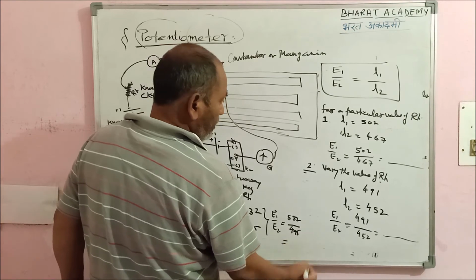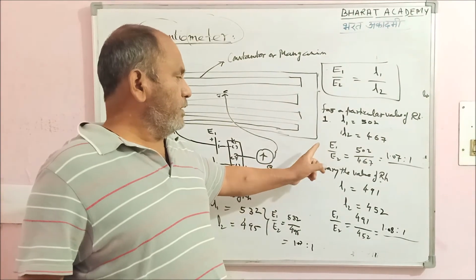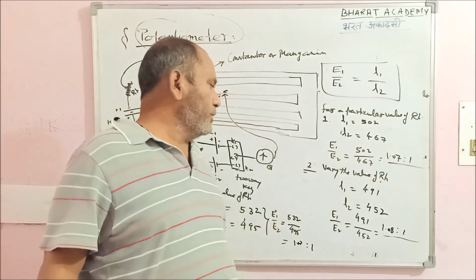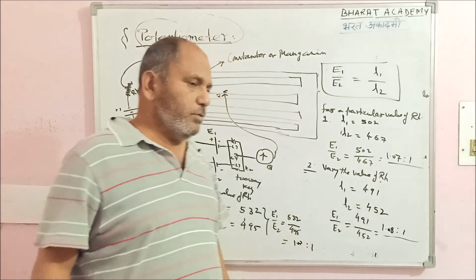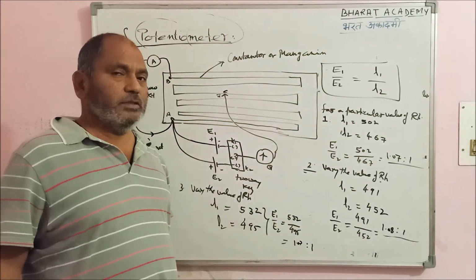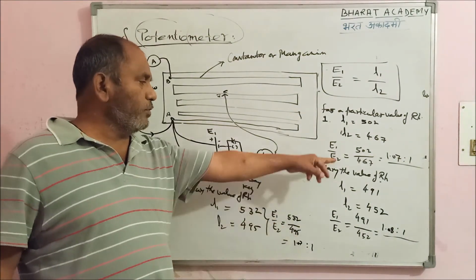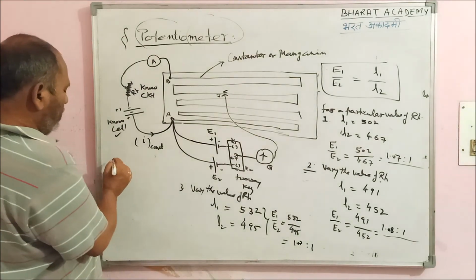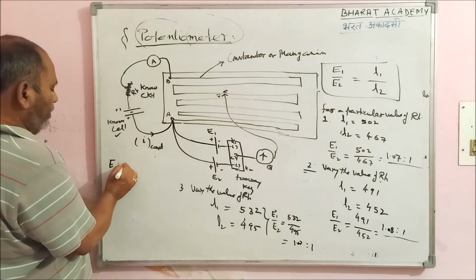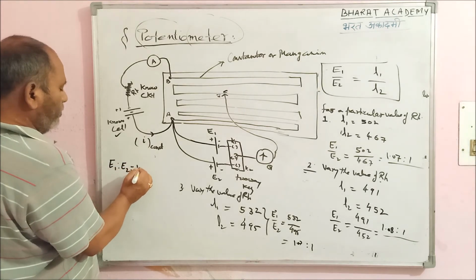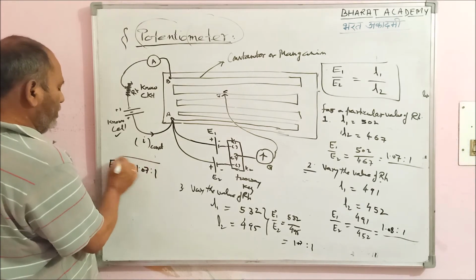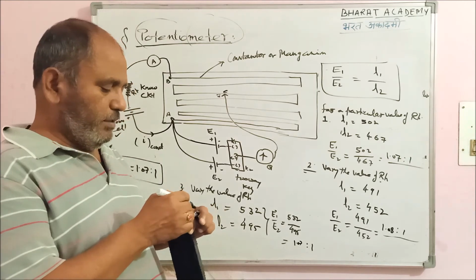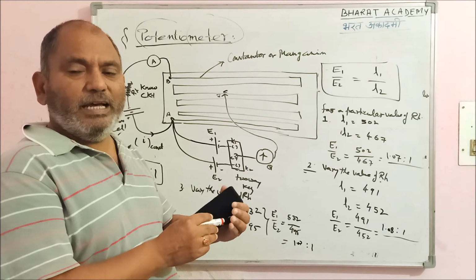It will give a particular value. In the first case, E1 by E2 comes out to be 1.07:1. In the second case, it is 1.082:1. In the third case, it is 1.07:1. So we are getting two repeated values. So without taking any mean, remember, E1 to E2 will be 1.07:1. That will be our final result. That's how we perform in our practical lab.